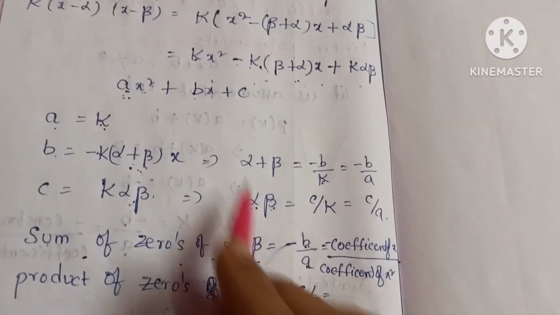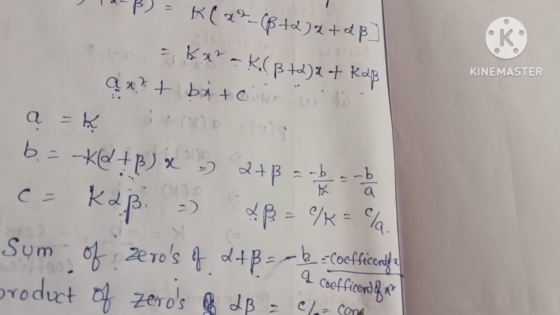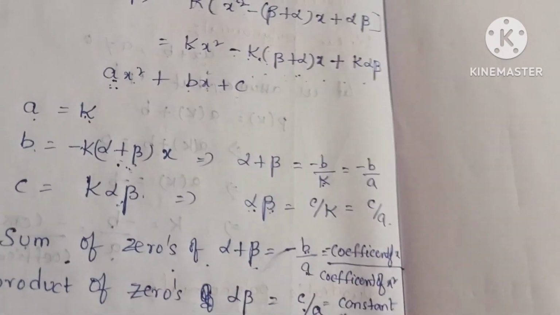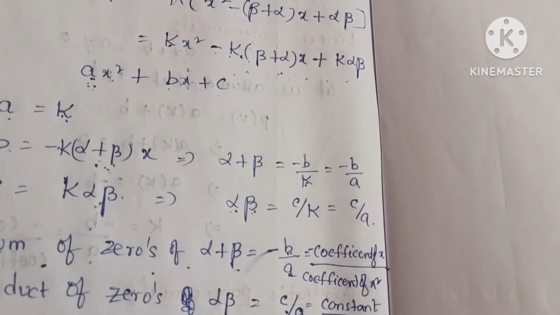Next, what is c? c is the constant. So the constant by a, which is the coefficient of x square.